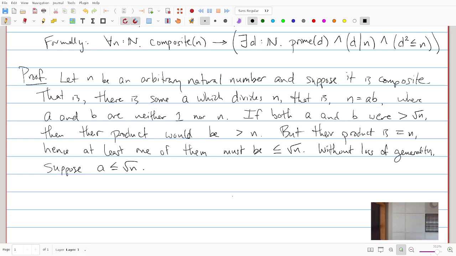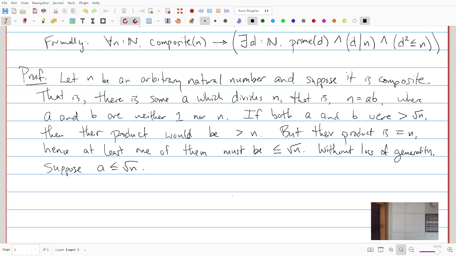Which properties does it have for sure? It divides n. Yes, agreed. That's what we said. We said there is some A which divides n. So it satisfies that property, check. Also, we just spent the last couple sentences arguing why it's less than or equal to square root of n. So it has this property also, right?